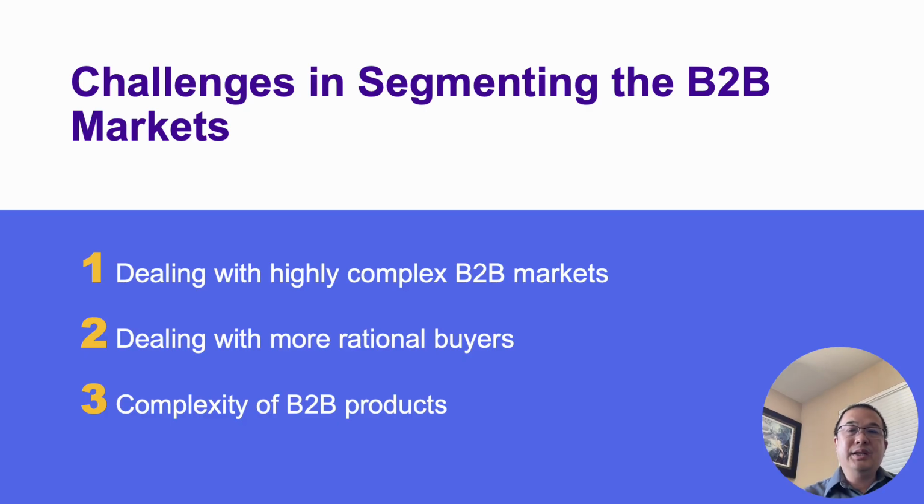Number 3, complexity of B2B products. Many B2B products are highly technical or customized. Examples include enterprise software, medical equipment, cybersecurity systems, manufacturing robots. Because these products are complex, customers need detailed information.